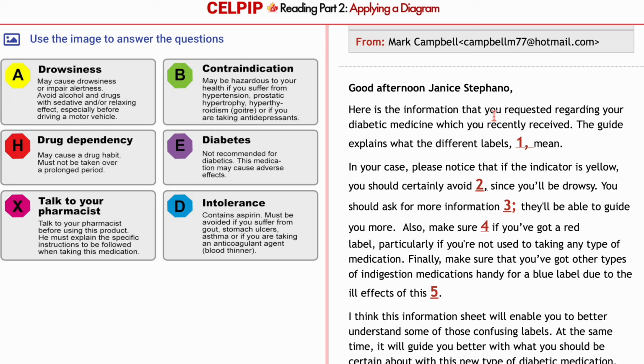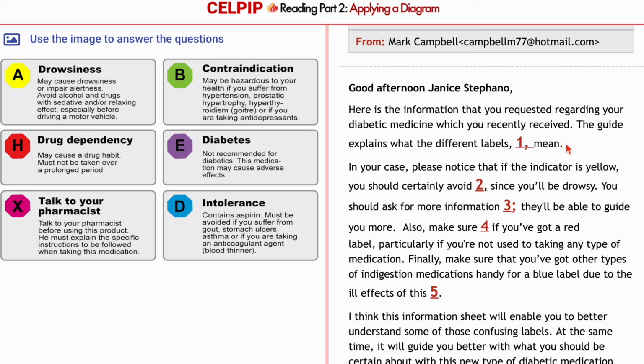Here is the information that you requested regarding your diabetic medicine, which you recently received. So she received some new diabetic medicine, and she requested some information about it. The guide explains what the different labels mean.